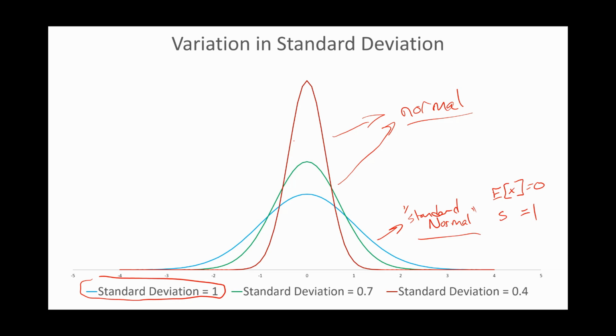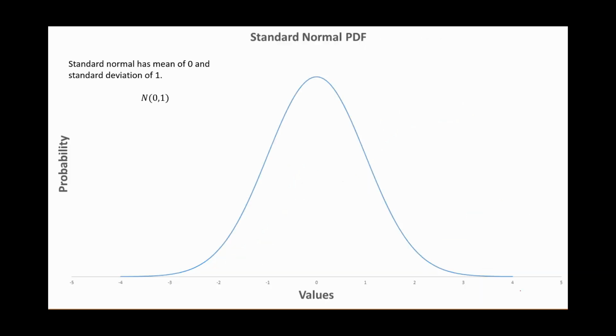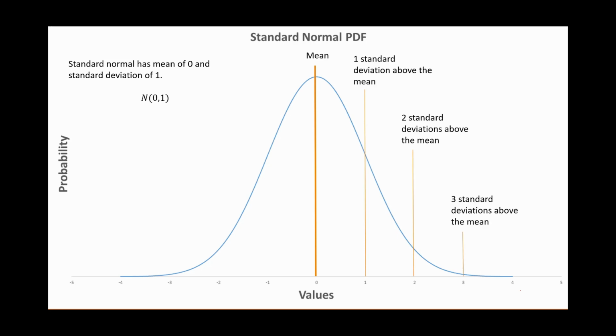It becomes much more likely, when you have a small standard deviation, to find values close to the mean. All right, so I can just reinforce this. Standard normal has mean 0, standard deviation of 1, 1 standard deviation, 2 standard deviations, 3 standard deviations, etc. Okay.